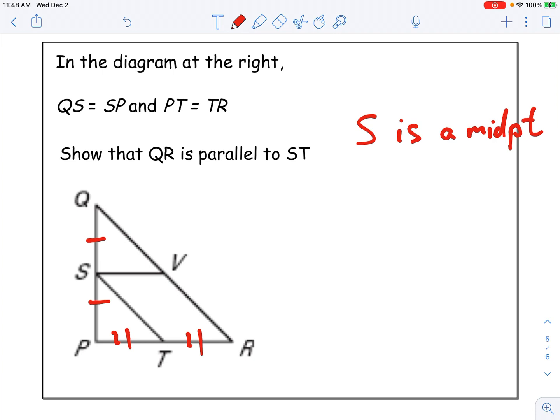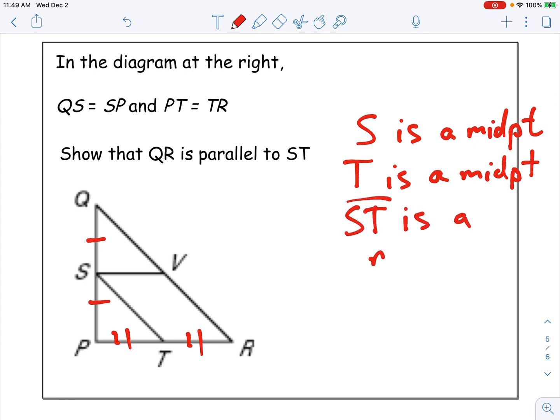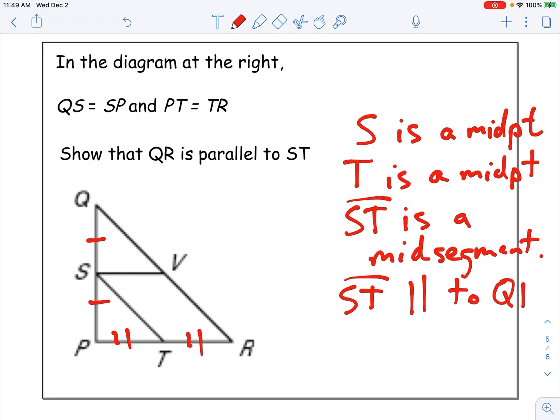If PT is equal to TR, that means T is also a midpoint. If those are two midpoints, then ST is what we call a midsegment. If ST is a midsegment, then ST is parallel to the third side, which is QR.